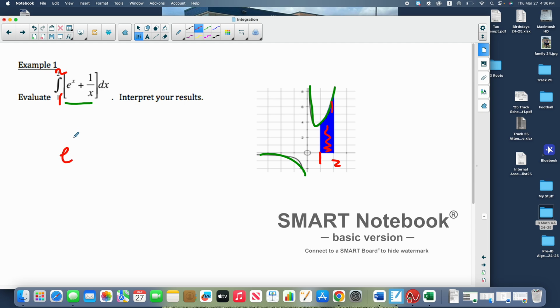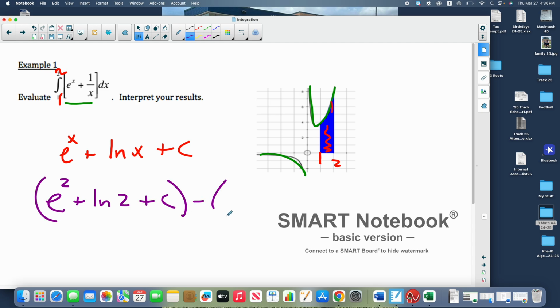The antiderivative of e^x dx is e^x. The antiderivative of 1 over x is natural log of x plus c. Now I'm going to evaluate that. So I'm going to go e to the second plus natural log of 2 plus c, minus e to the 1 plus natural log of 1 plus c.